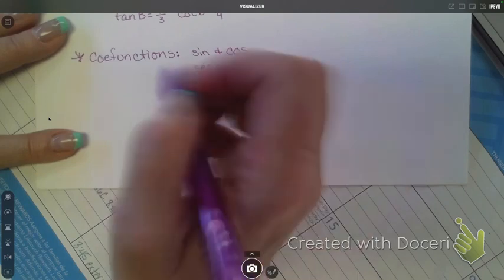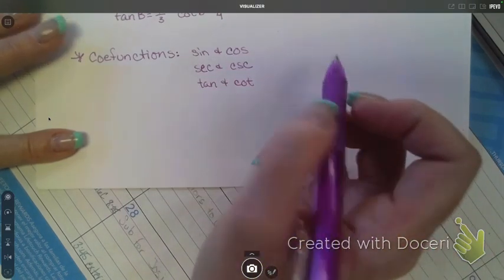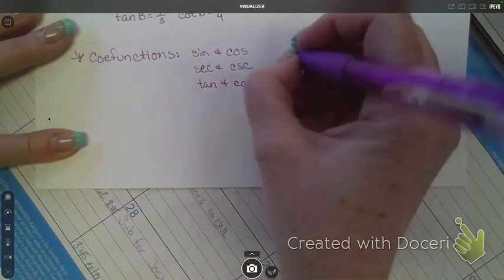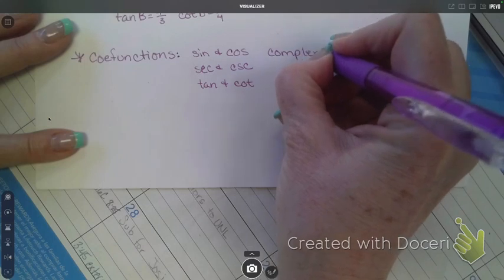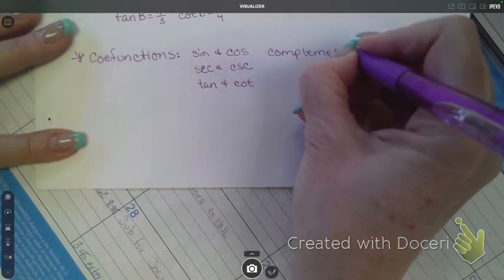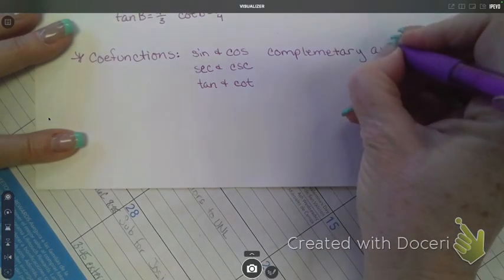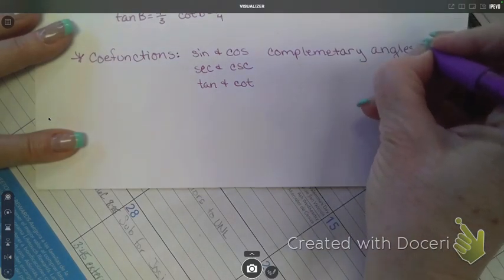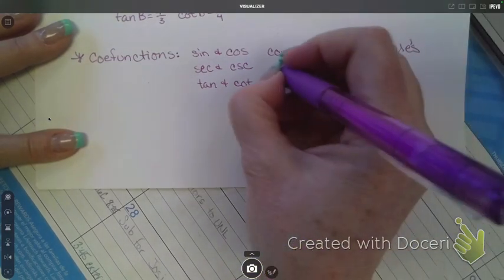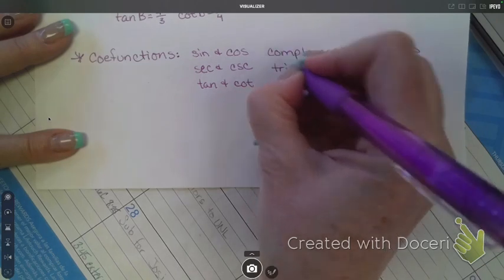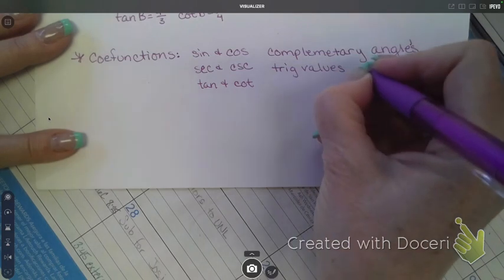Okay, so when they are cofunctions, complementary angles' trig values are equal.